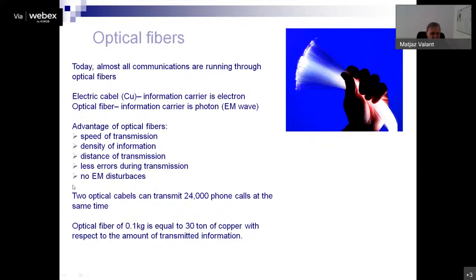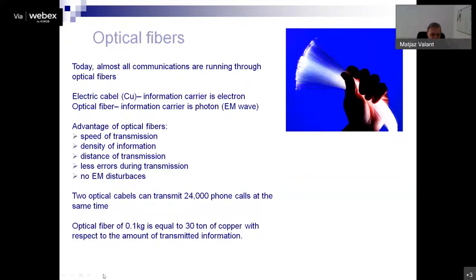So just for you to understand how much more efficient optical fibers are: two optical cables can transmit 24,000 phone calls at the same time.